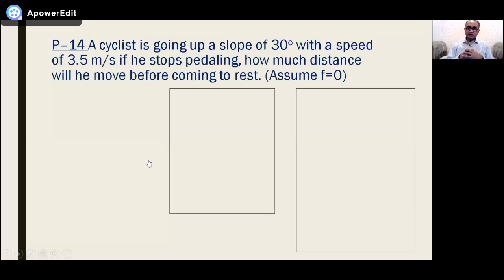The speed of that cyclist was 3.5 meters per second, and he stopped pedaling. So he will stop after covering some distance. We have to find out how much distance he covers before coming to rest.